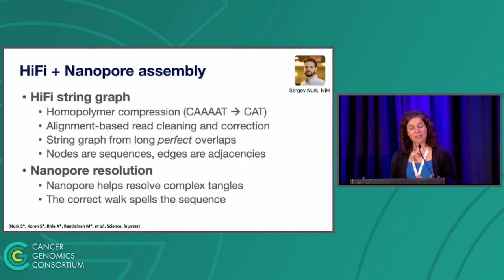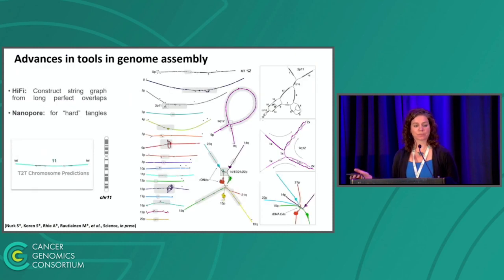And by identifying that and improving the HiFi, you could then make something called a string graph, where you're collapsing all of those sequences that are identical into something called nodes, and the edges now represent the connections between those nodes. Instantly, hopefully, your brain can think of how these very long sequences from nanopore can help, where you can use the long reads to allow the path through the string graph to provide order and orientation.